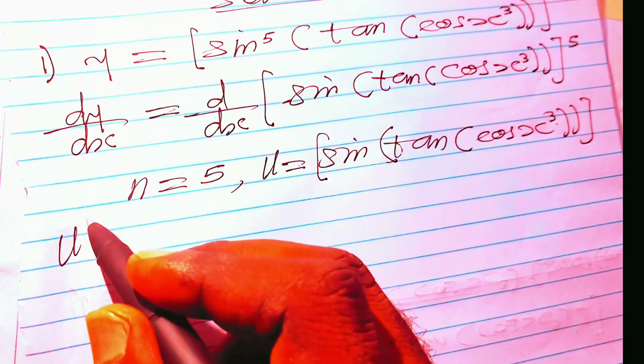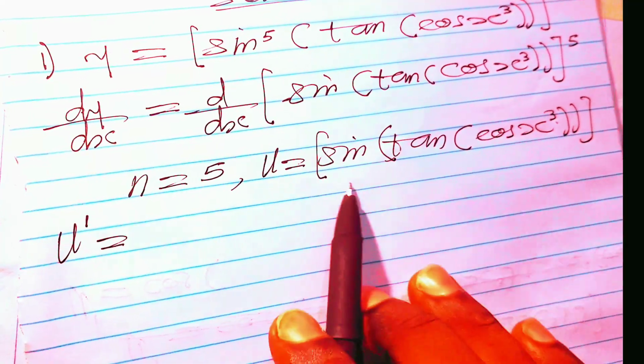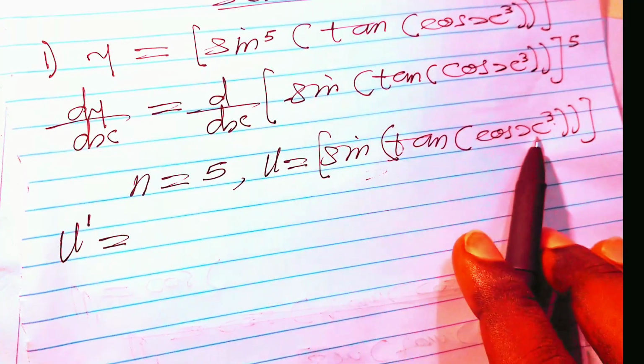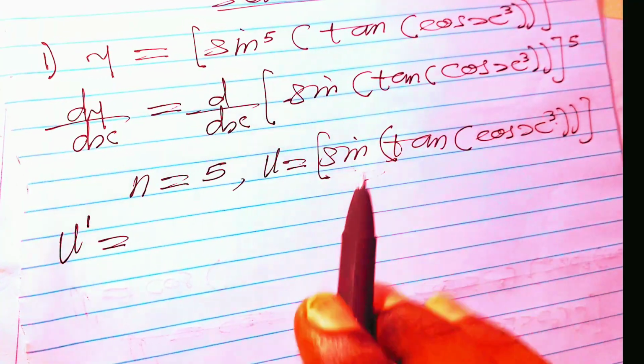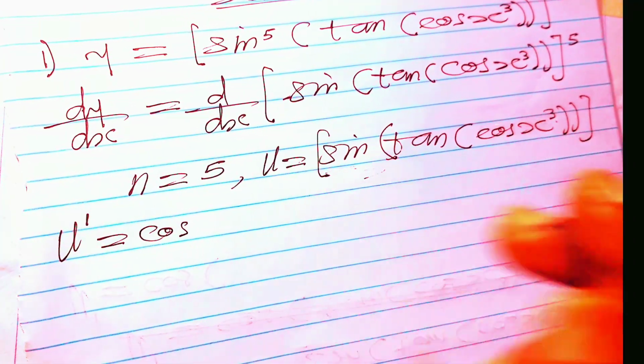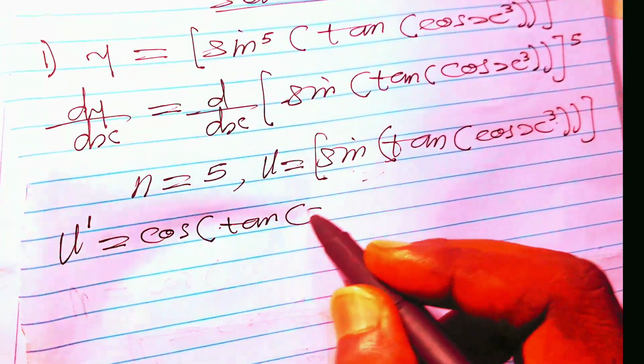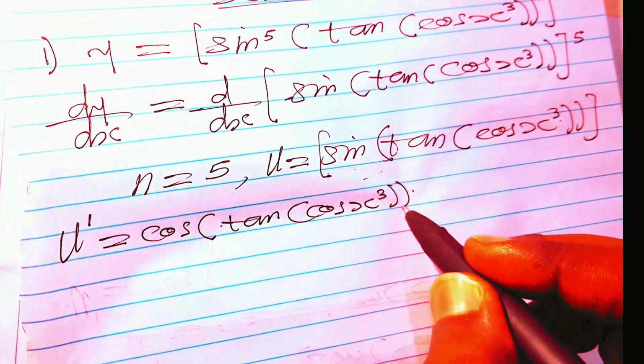Differentiating u, we differentiate all three functions one after the other. When you differentiate sine, you get cos, so write this in bracket tan and then bracket cos x cubed.